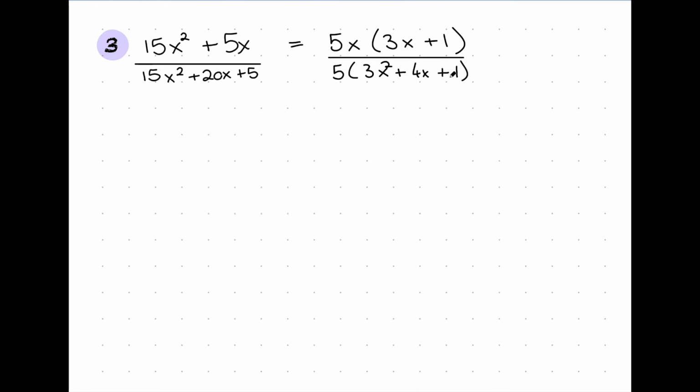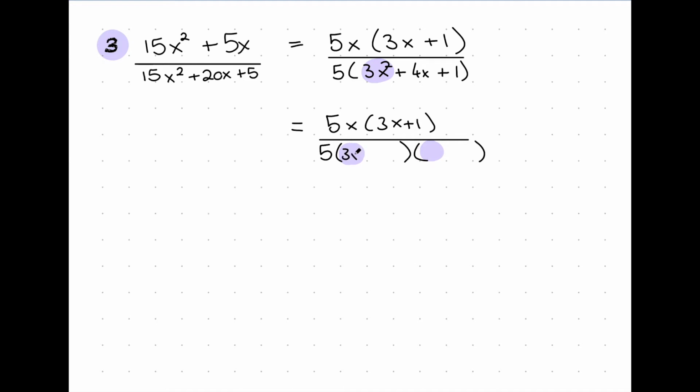Now, ask ourselves at this stage, can I do more with that on the bottom? Because that is a quadratic, and I do have the tools to be able to factorize that further. So we're left with 5x into 3x plus 1 on the top, and on the bottom we have 5 into this quadratic. Now quadratics can be broken into two factors, and I can break them into two factors by focusing on the 3x squared first. So what are my two factors of 3x squared?